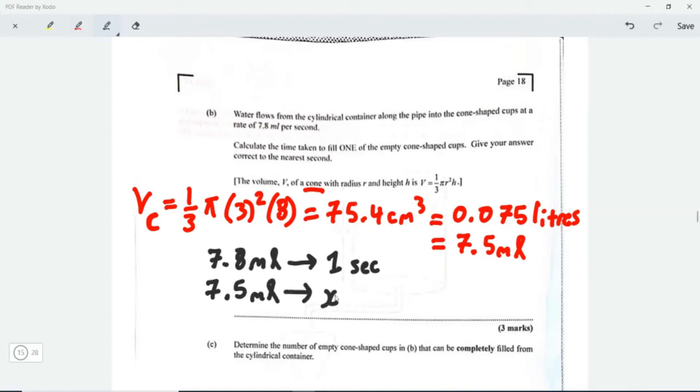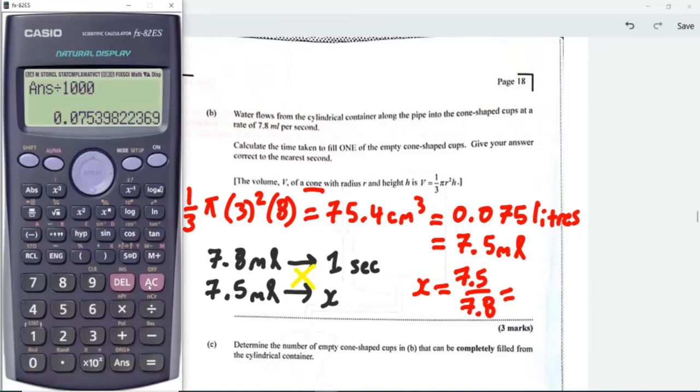To work out how much time it's going to take to fill that small container, we cross multiply. So cross multiplying, X is going to be 7.5 divided by 7.8. We'll put that into our calculator.